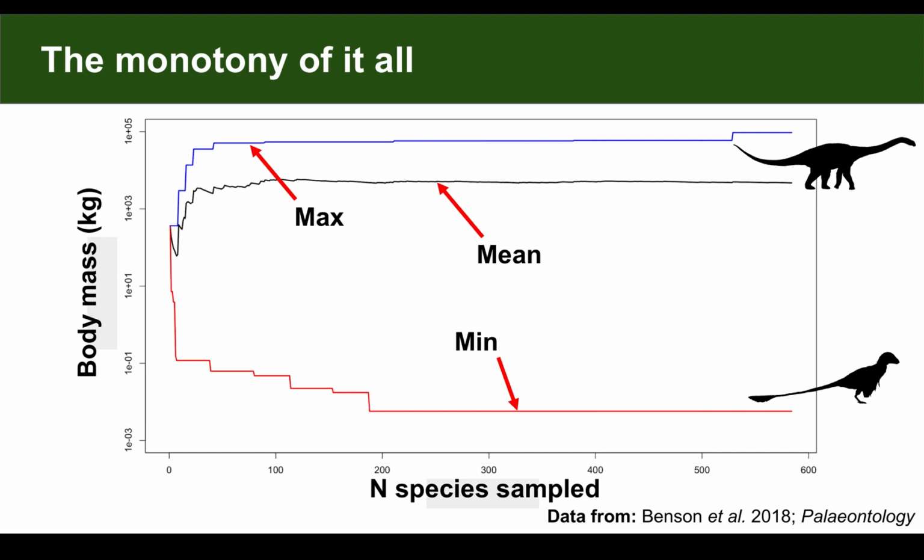So we wouldn't need to do that for the mean, but if we're looking at the maximum or the minimum, there's a special feature: every time we pick up a new dinosaur, or estimate the mass for a new dinosaur, it could be the largest dinosaur ever and things could increase for the maximum, or it could be the smallest dinosaur ever and things will decrease for the minimum. The important point is that the maximum and the minimum have a monotonic relationship with sampling.